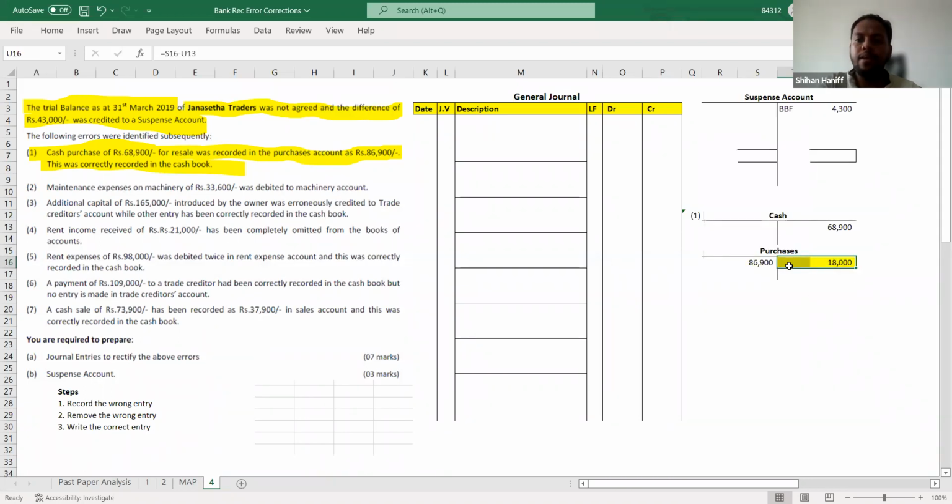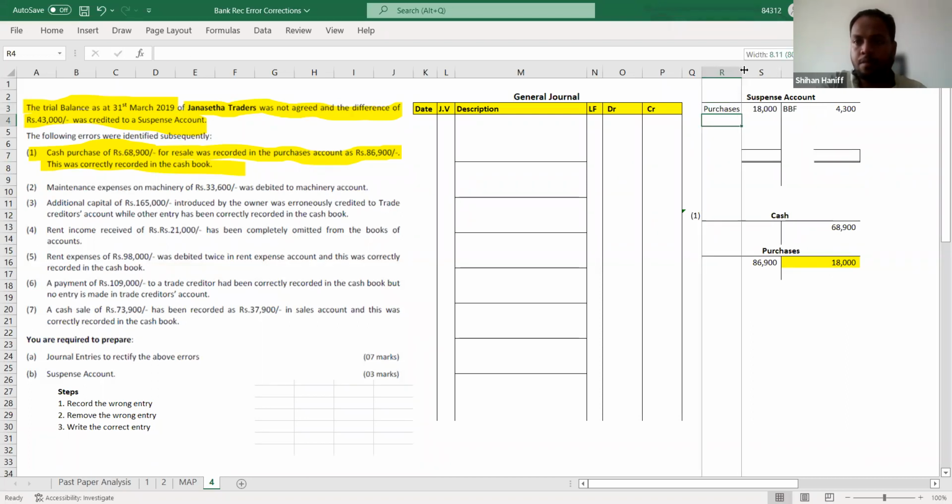And if you credit here, then the balances will be corrected, and the difference we have to take under suspense account. So double entry is suspense account debit, purchases account credit. This is the double entry.